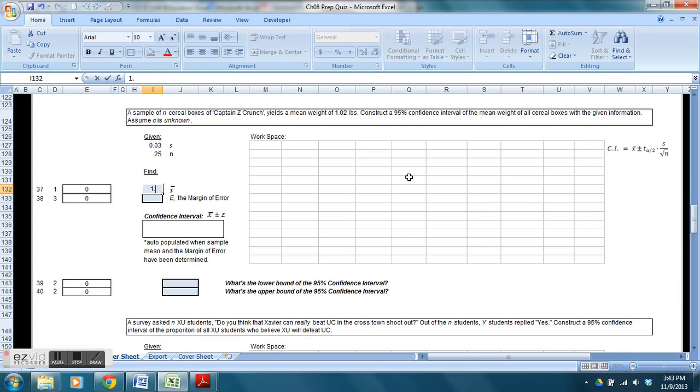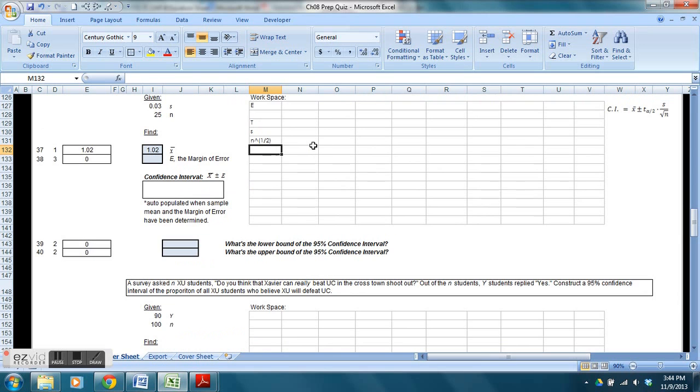So x bar is given to you. It's 1.02, so that's pretty easy. The margin of error, we have e, and e is composed of our t variable, our s, sample standard deviation, and the square root of n, which is the same as n to the 1/2 power.